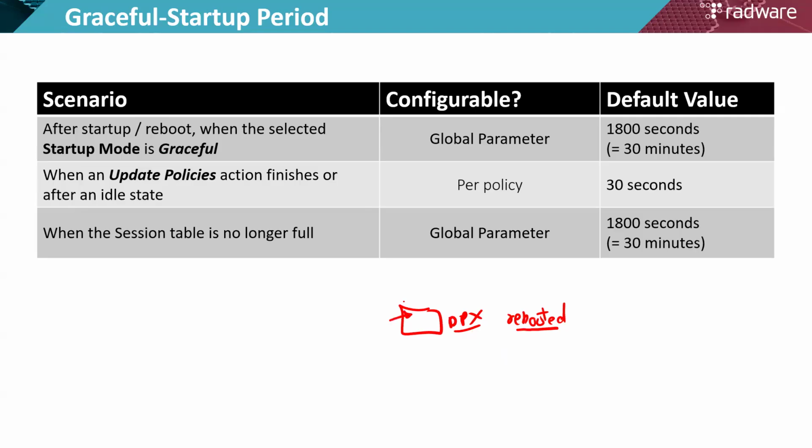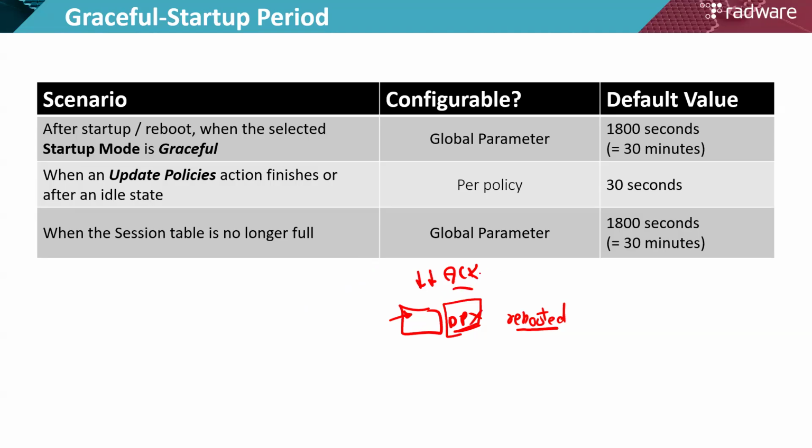It came back again. Now the first packet that the DefensePro receives, let's suppose, is the ACK packet from the client. Instead of SYN, it is receiving ACK because the DefensePro just rebooted, and the clients might be sending SYN packets. But the first packet we are receiving is the ACK packet after the reboot.